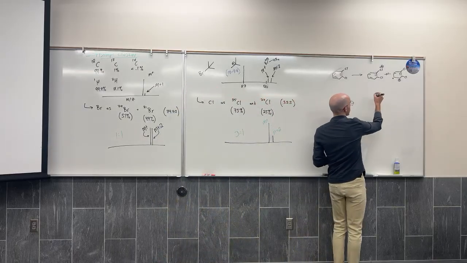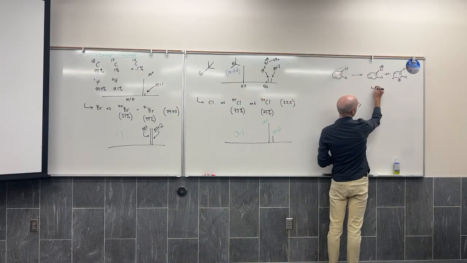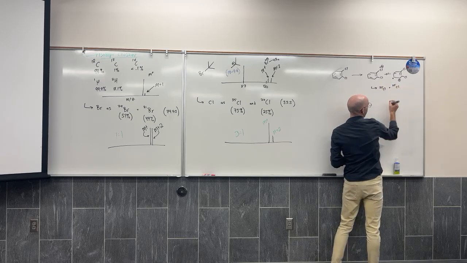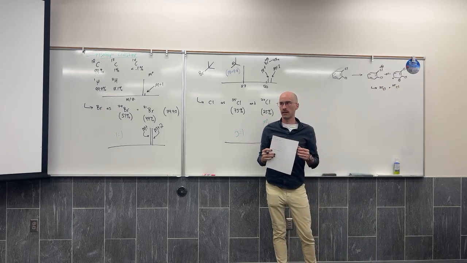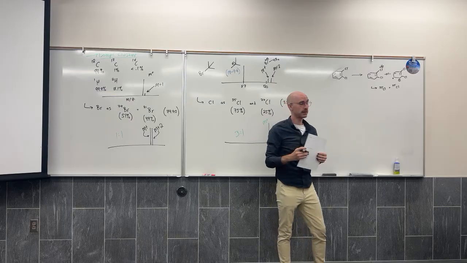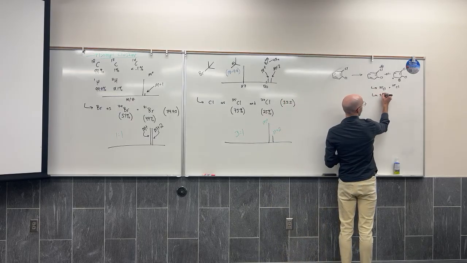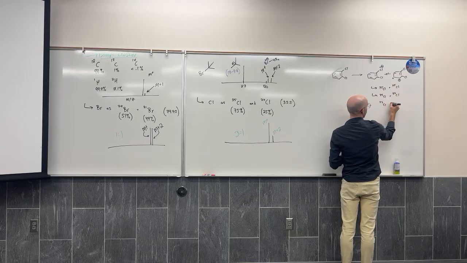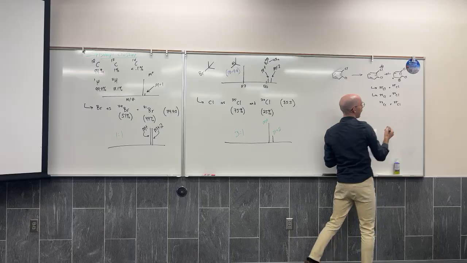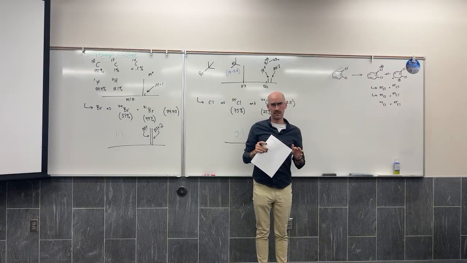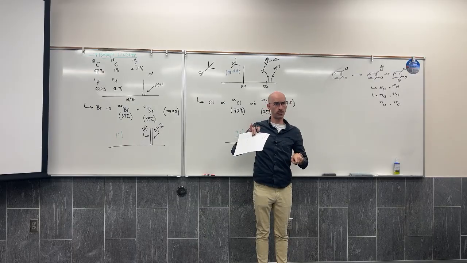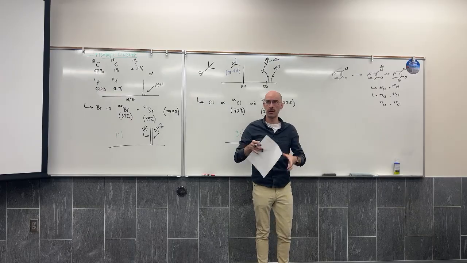But when this happens, I could have chlorine 35 and chlorine 35 as both of my chlorines. I could have chlorine 35 and chlorine 37, or chlorine 37 and chlorine 35. What I'm doing there is just saying that either one of the chlorines could be the lower or higher mass isotope.